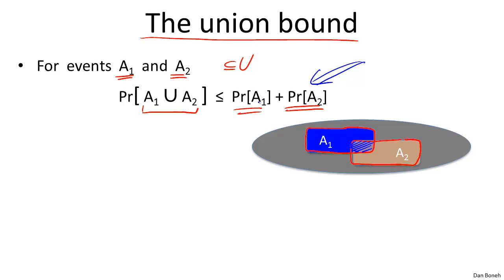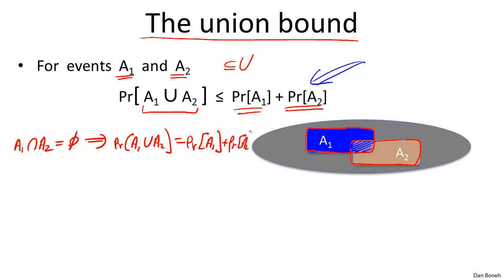And as a result, the sum of the 2 probabilities is going to be larger than or equal to the actual probability of the union of A1 and A2. So that's the classic union bound. And in fact, I'll tell you that if the 2 events are disjoint, in other words, their intersection is empty, in that case, the probability that either A1 happens or A2 happens is exactly equal to the sum of the 2 probabilities.